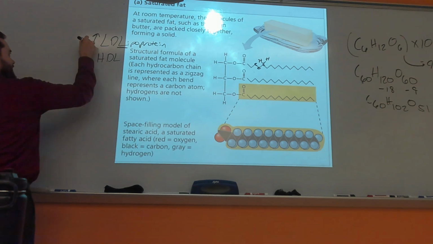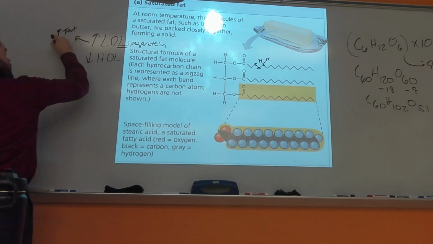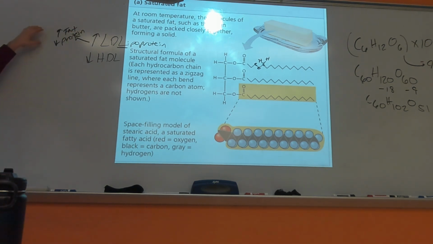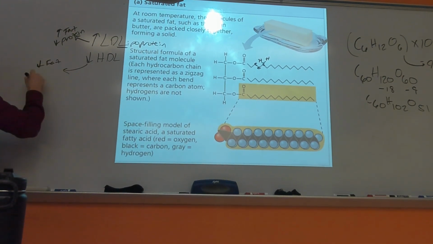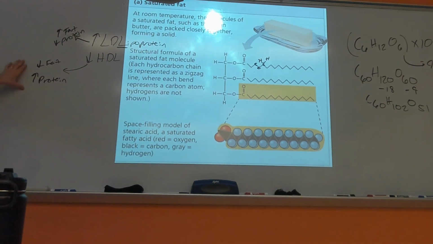So another way of saying high LDL is high fat content and low protein. Most of the molecule is made of fat, not as much of protein. Whereas HDL is the opposite. There are lower amounts of fat and more of the density is protein, which means it's more hydrophilic, so it can move around the bloodstream easier.